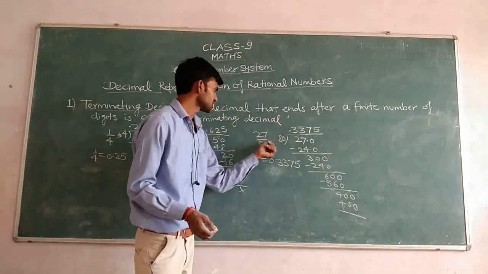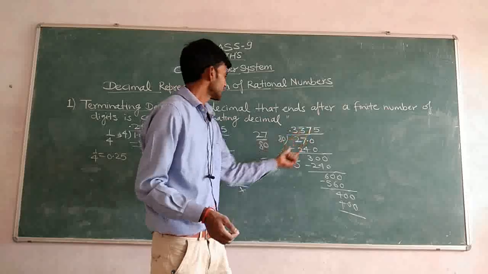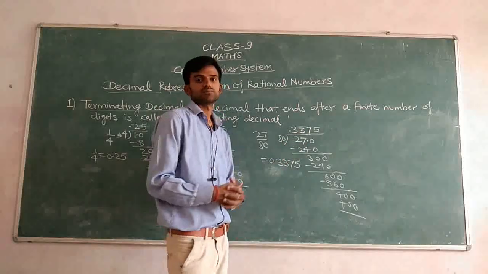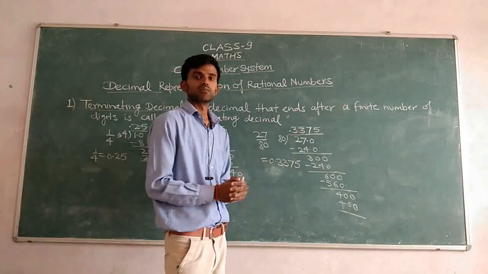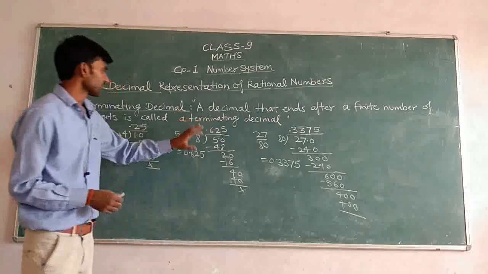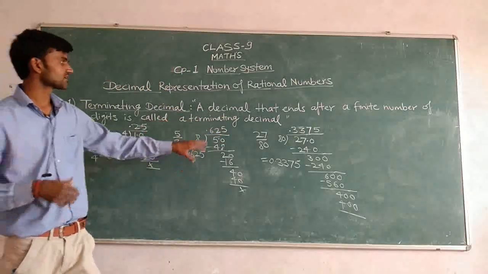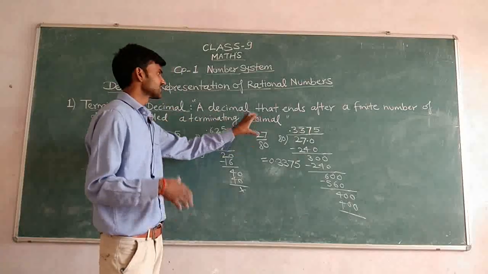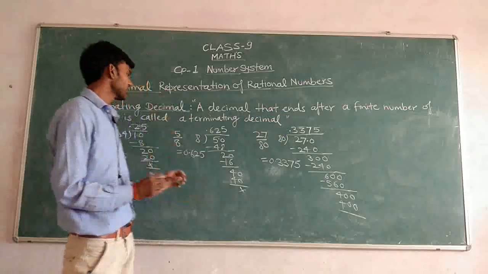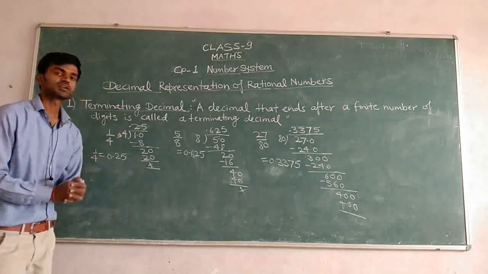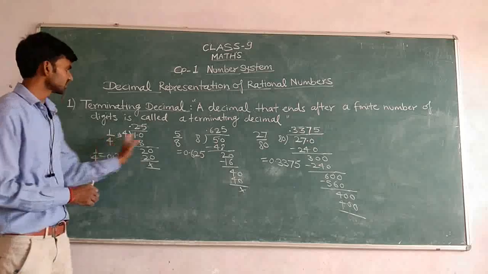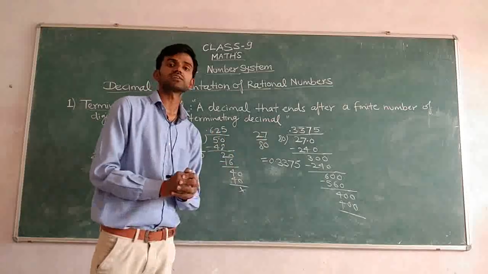Look at 27/16, it terminates after 4 decimal places. This means when a rational number ends after a finite number of digits, it is called a terminating decimal. So these are terminating decimals.